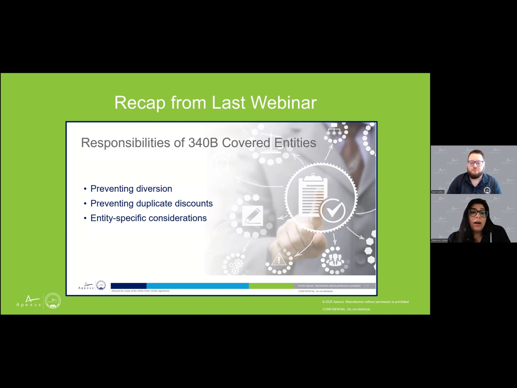Similar to how a hospital has to follow rules of accrediting bodies, for example, the Joint Commission, the 340B program has its own set of compliance expectations, and it's the entity's responsibility to ensure they are operating a compliant 340B program. Some key areas for compliance considerations are preventing diversion, duplicate discounts, and appropriately operationalizing entity-specific considerations.